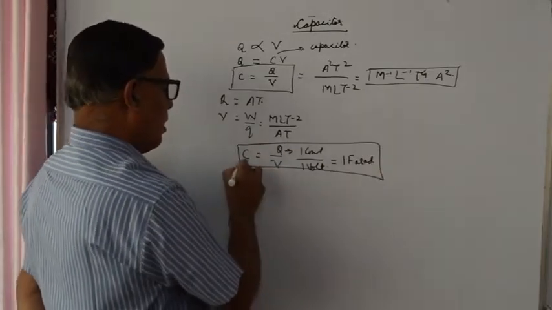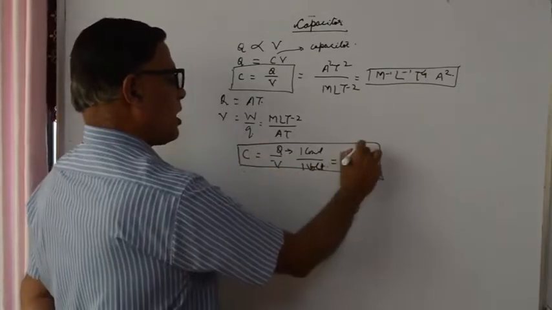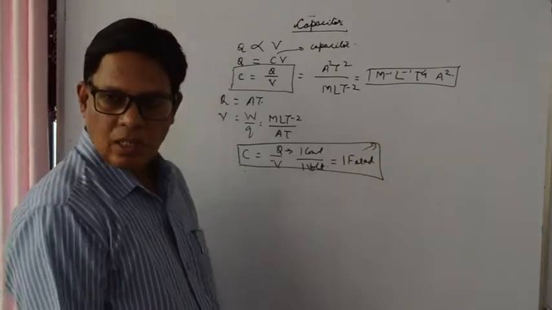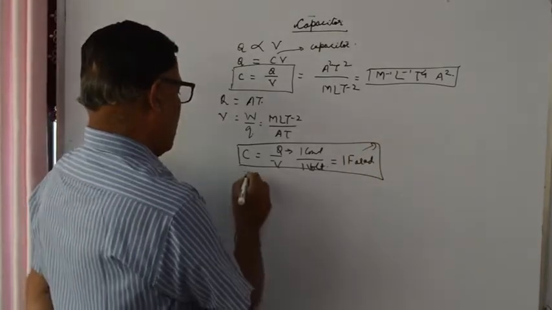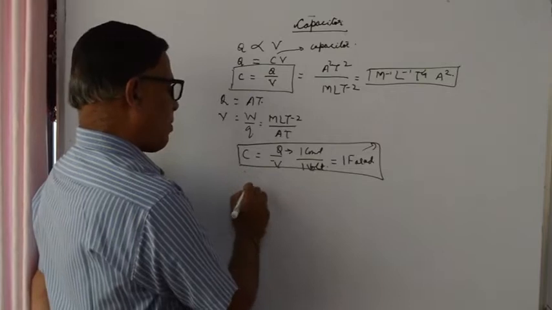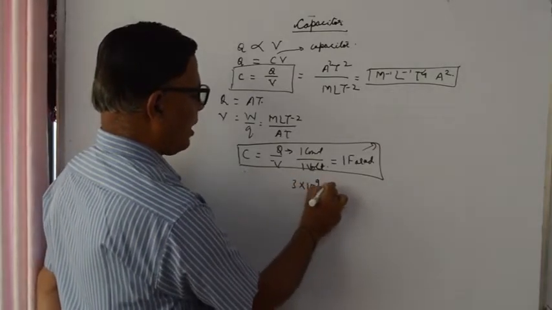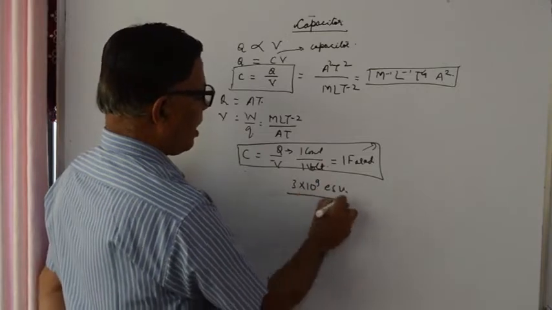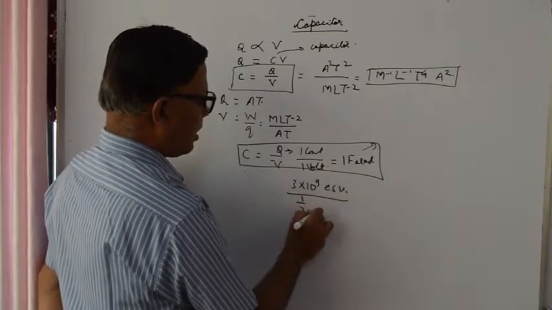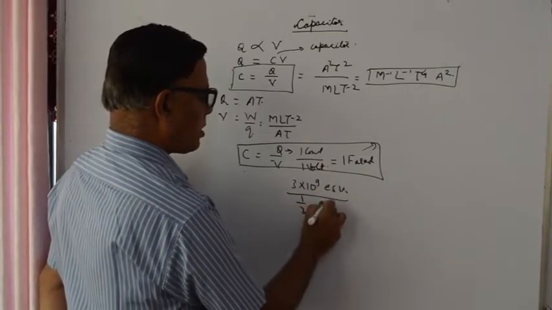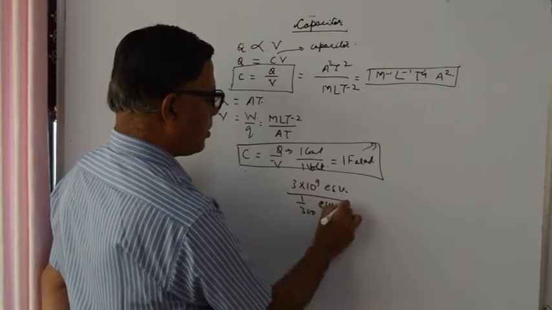This is the SI unit of capacity, and the CGS unit of capacity is equal to 1 coulomb, which is 3 into 10 to the power 9 electrostatic units of charge, upon 1 by 300 stat volt, the ESU of volt.